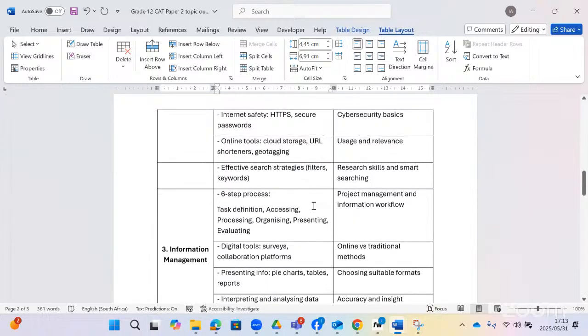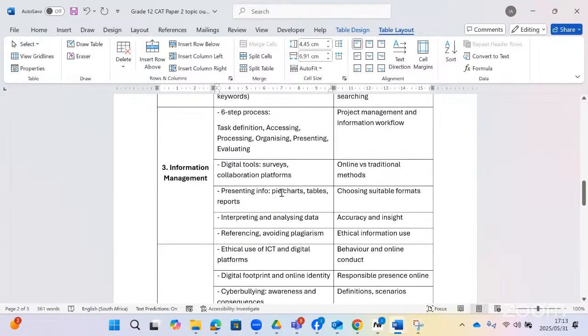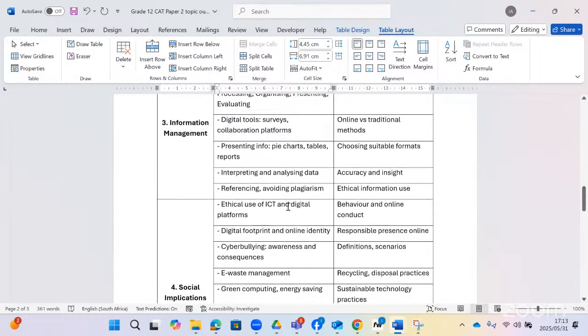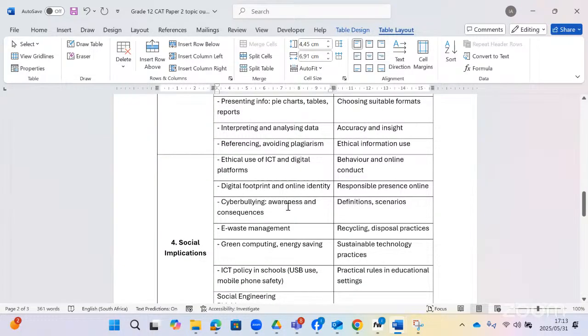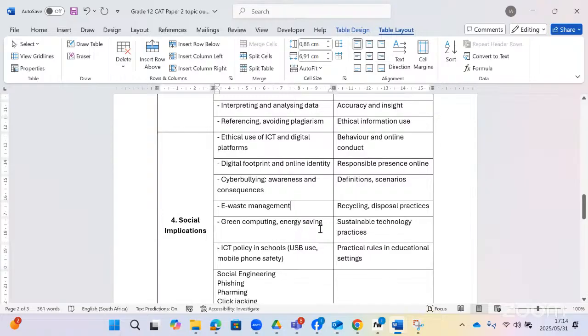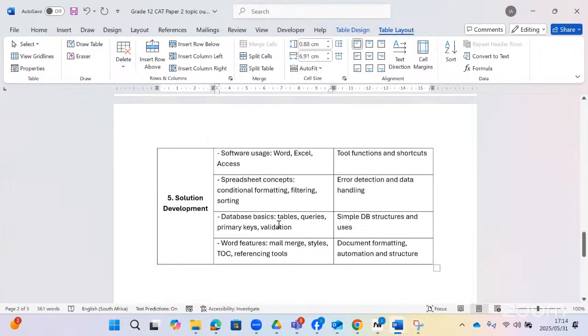Then also the task definition, what should be there in the task definition, online storage, pie chart, spreadsheet, interpreting and analyzing data, referencing, avoiding plagiarism, and also ethical use of ICT and digital platforms, digital footprint, the footprint that gathers for a particular person, online identity, cyberbullying, awareness and consequences, electronic waste management, green computing or energy saving, ICT policy in schools, and the phishing and farming as well.